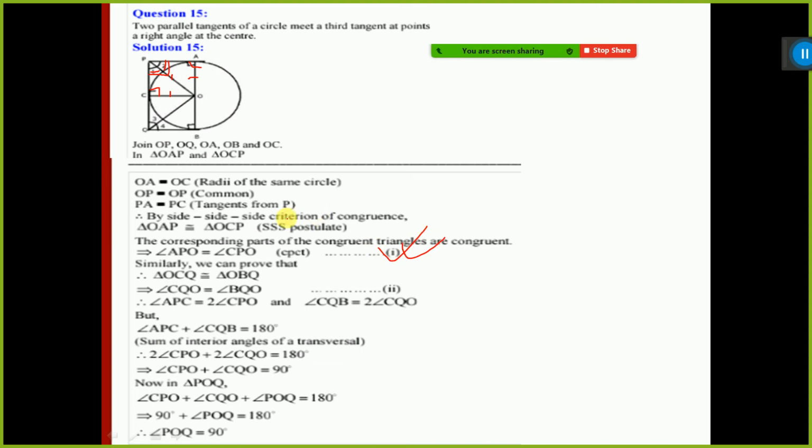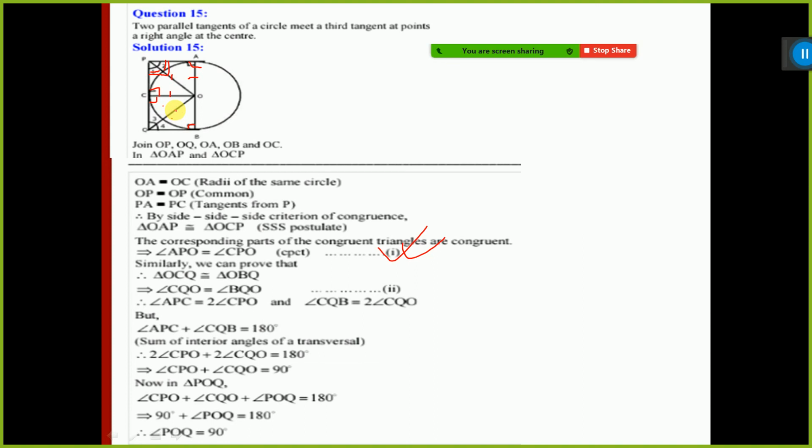Now if you take OCQ, that means this triangle and this triangle. This is 90 degree, this is 90 degree.